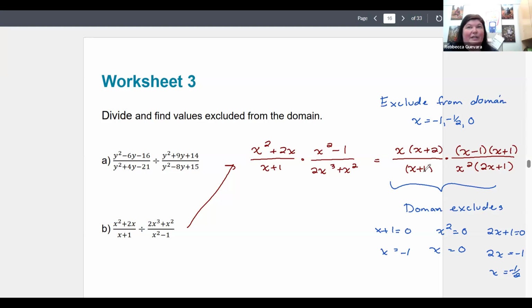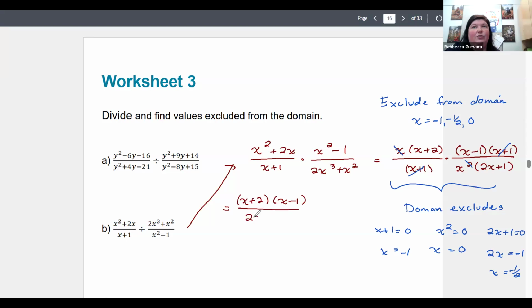So now we can start simplifying. So the only thing, once again, I think I can get rid of is the x plus 1 because that's on the top and bottom, and one of our x's. So we got one x on top and two x's down here. So that's just going to leave an x behind. So if we keep going with that, we are now left with x plus 2 and x minus 1 on top.